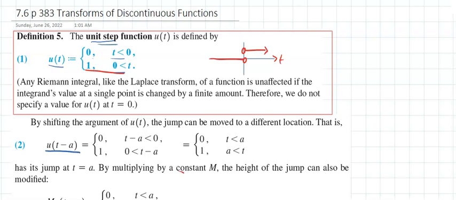By shifting the argument of u of t, the jump can be moved to a different location. If I look at how this looks, if t is less than a, then this is 0. We're going to assume we're always talking about positive numbers, so this really doesn't come into play for us.